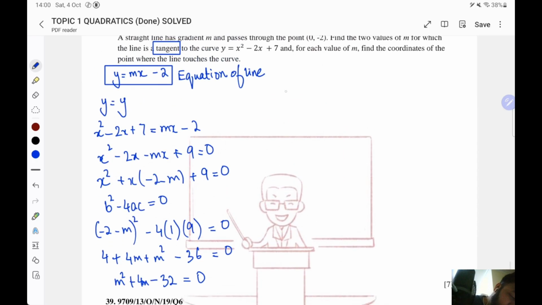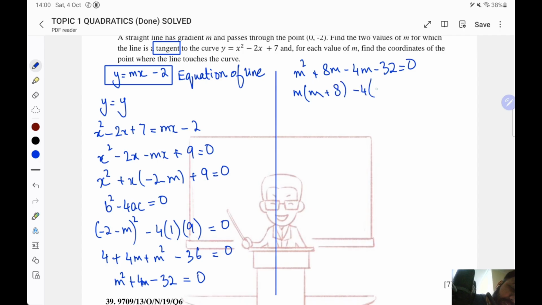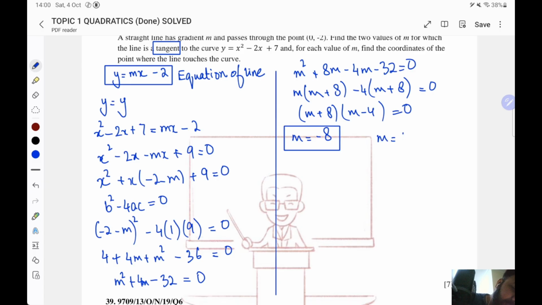So m square plus 8m minus 4m minus 32 equals 0. m is common, so m(m plus 8) minus 4(m plus 8) equals 0. So the two brackets will be m plus 8 and m minus 4, which will be equal to 0. So we can find the two values of m from here. One will be minus 8 and the other will be plus 4.